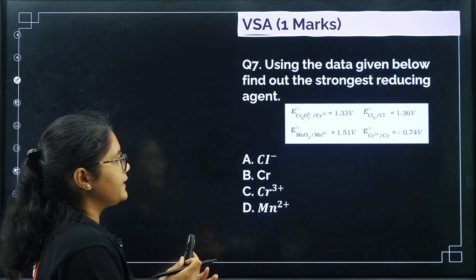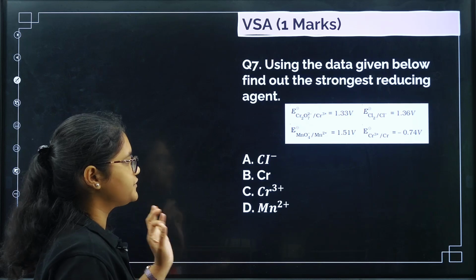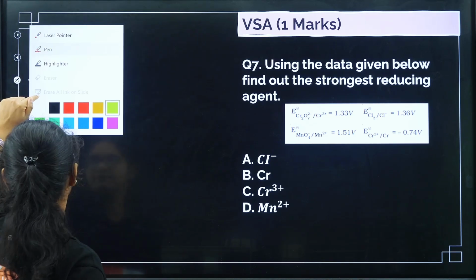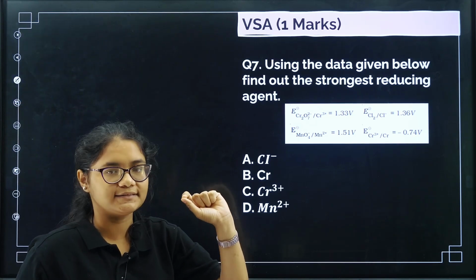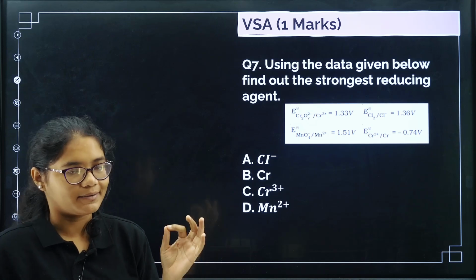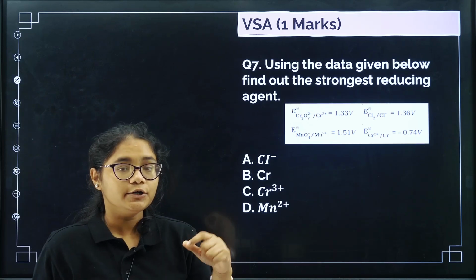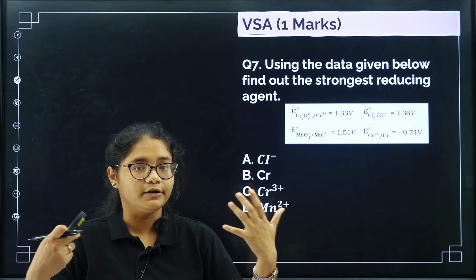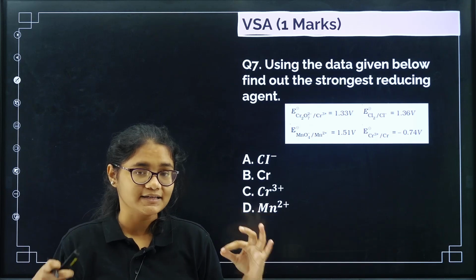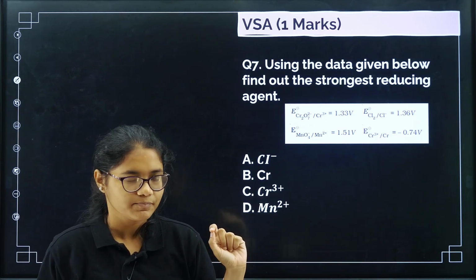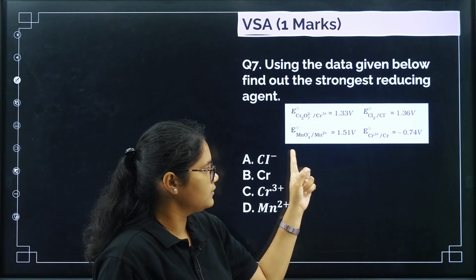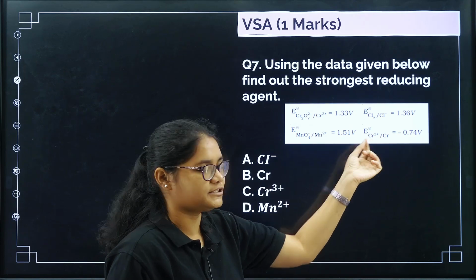Okay. Using the data given below, find out the strongest reducing agent. This question is very important and a little confusing as well. Reducing agent means it will reduce others. It will itself undergo oxidation, right? Here the reduction potentials are given.